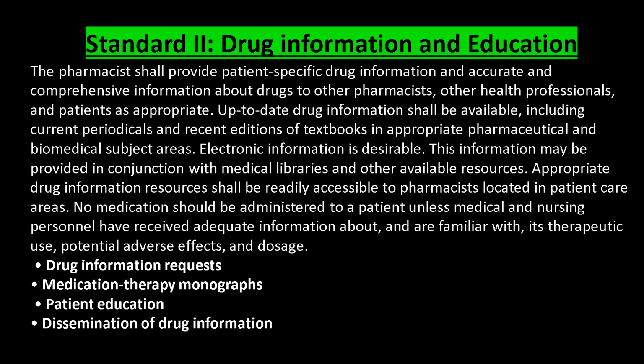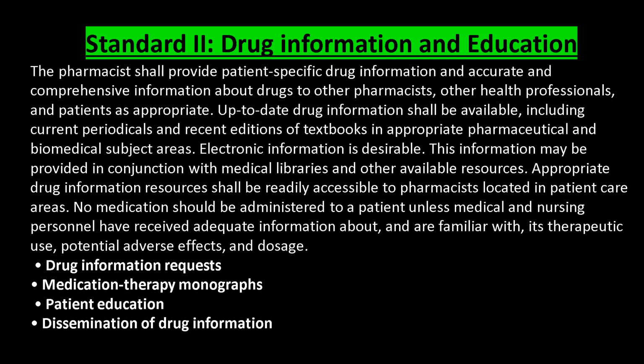Up-to-date drug information shall be available, including current periodicals and recent editions of textbooks in appropriate pharmaceutical and biomedical subject areas. Electronic information, I told you, is also available and is desirable. This information may be provided in conjunction with medical libraries and other available resources.